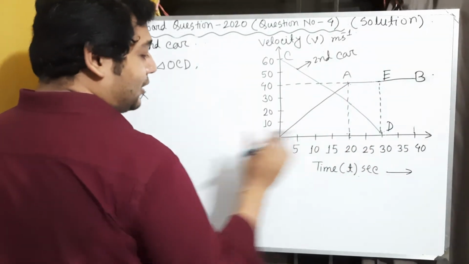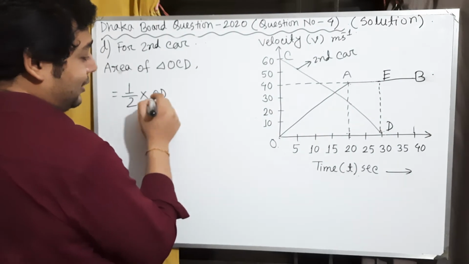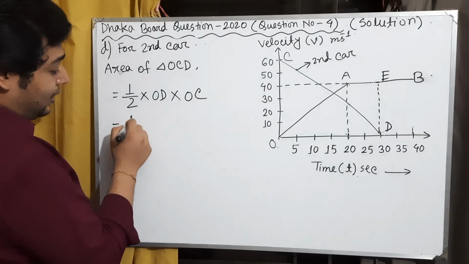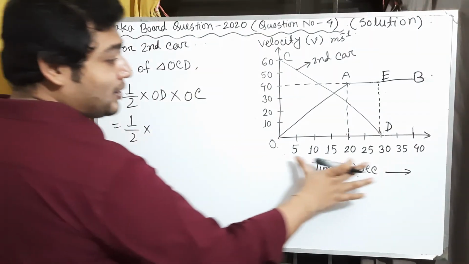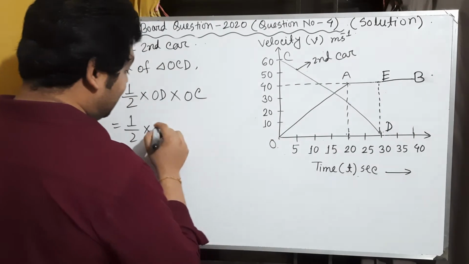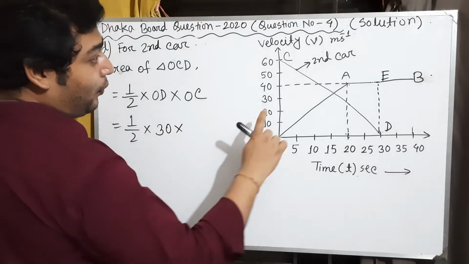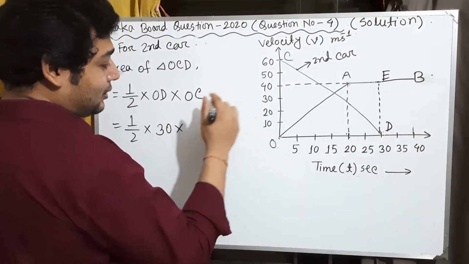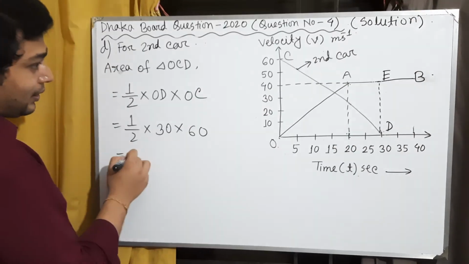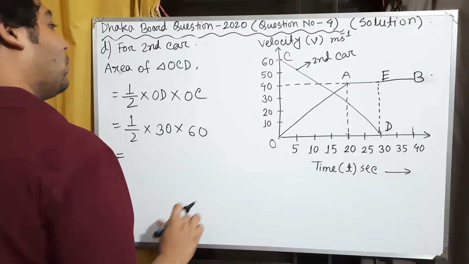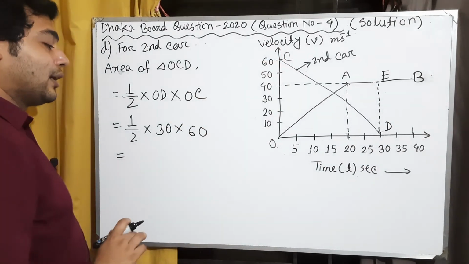Here if OD is our base, then height will be OC. Half of OD, which represents 30, and OC represents 60. This OD line represents the time line and OC line represents the velocity line.